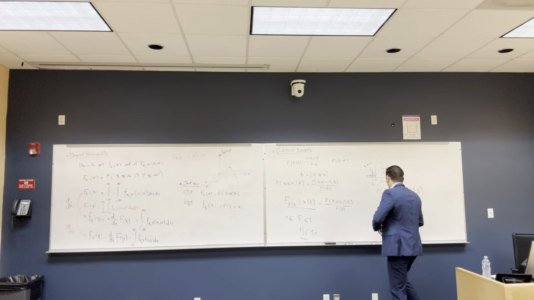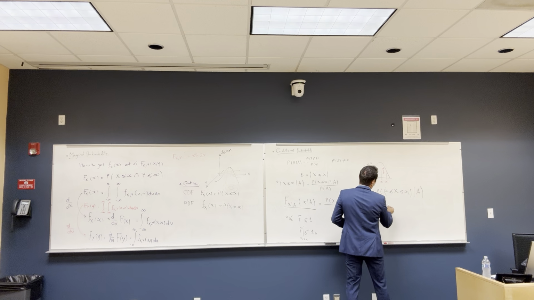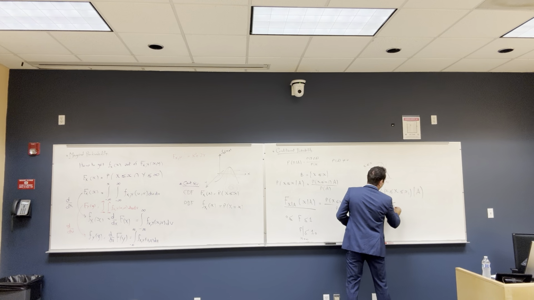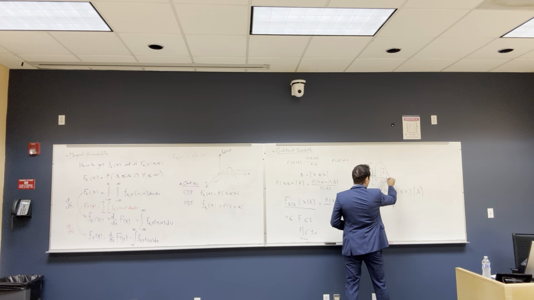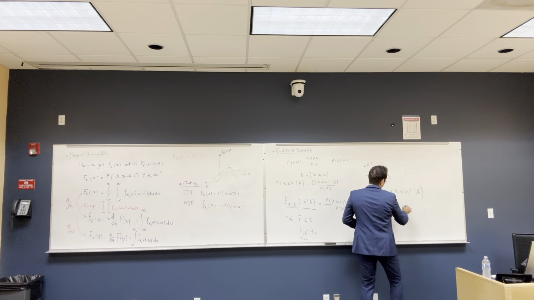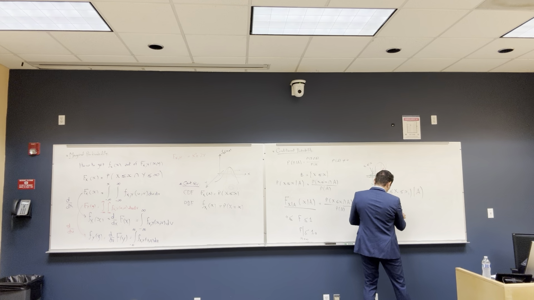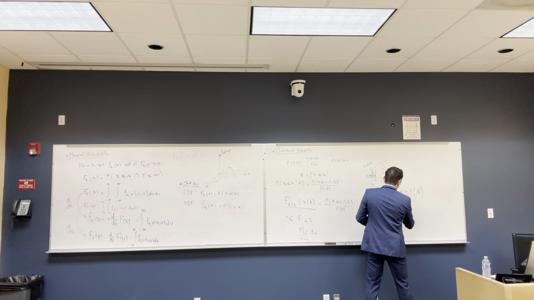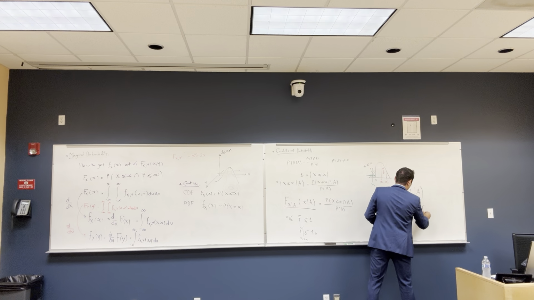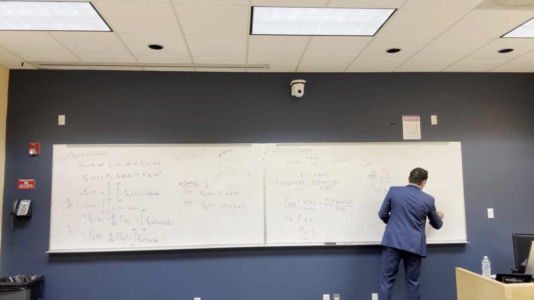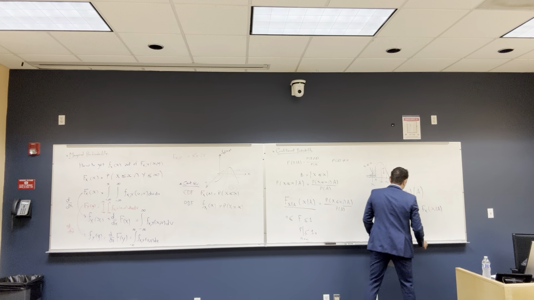So if you want to write the equation of this, this is going to be equal to F_X of x2 conditioned on A minus F_X of x1 conditioned on A. Right?